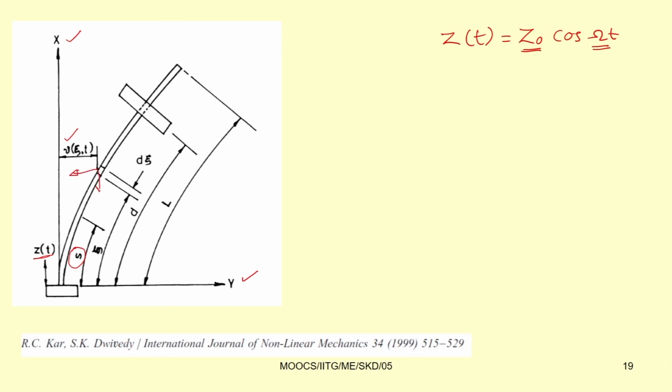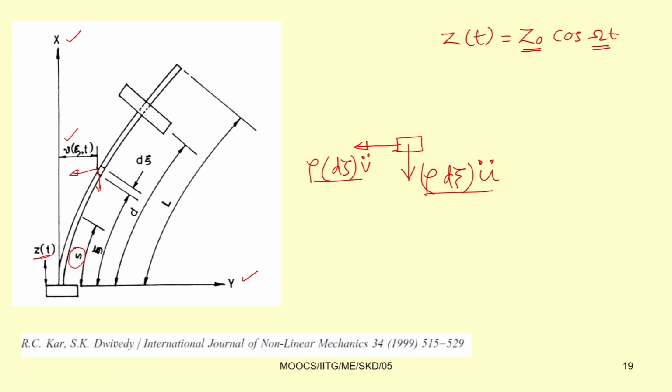In this direction it will be rho d zeta, which is the mass of the element, into acceleration, that is u double dot, and along this direction it will similarly be rho d zeta into v double dot. So, these are the inertia forces acting on this element.